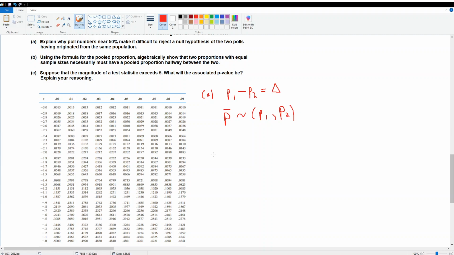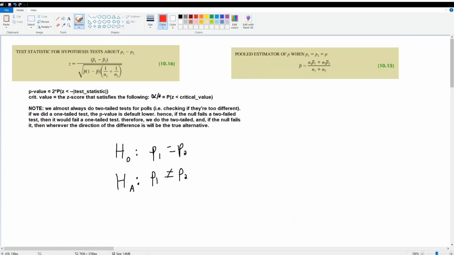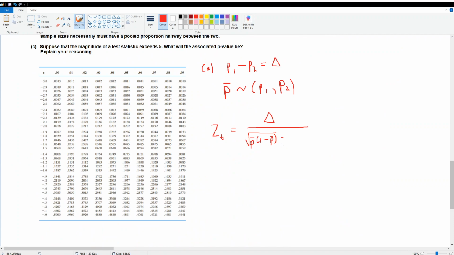And here's why. We recall that our test statistic is equal to this difference, which we've called delta. This is some constant. Let's just fix it to a constant. Doesn't matter what it is. You'll see why in a moment. Divided by the square root of P bar times 1 minus P bar. And then, from up here, again by radical rule, we can pull out the square root and the reciprocal.